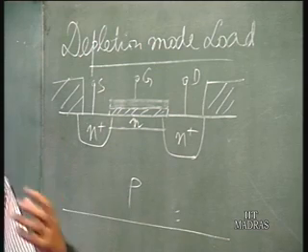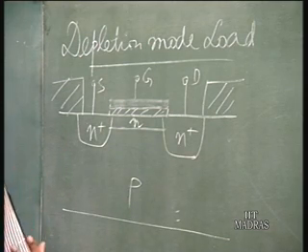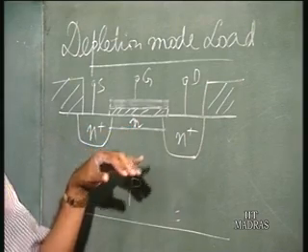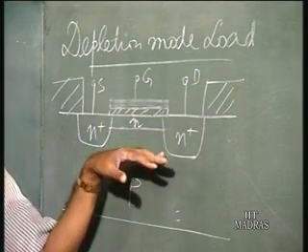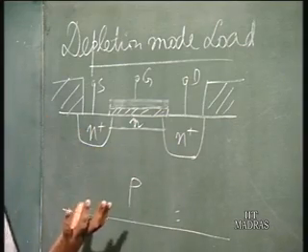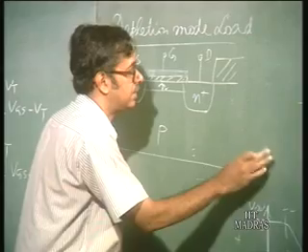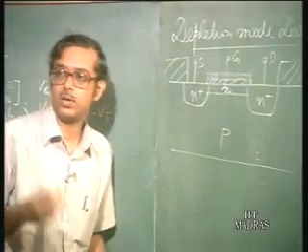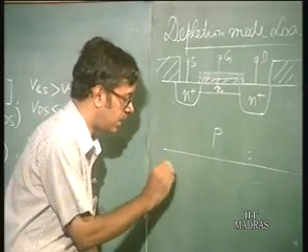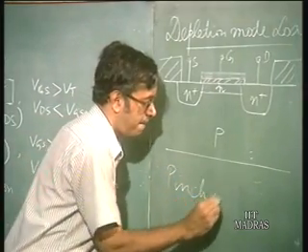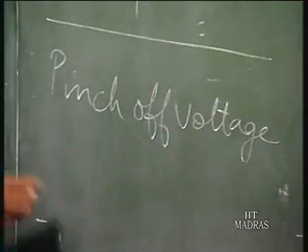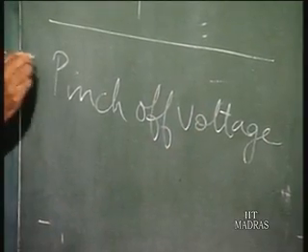At a particular negative gate voltage called the pinch off voltage, the channel will be pinched off when the depletion layer covers the entire channel, and the current goes to 0. So, just like you have a threshold voltage for an n channel enhancement type device, here you have what is called a pinch off voltage, given by the symbol Vp.